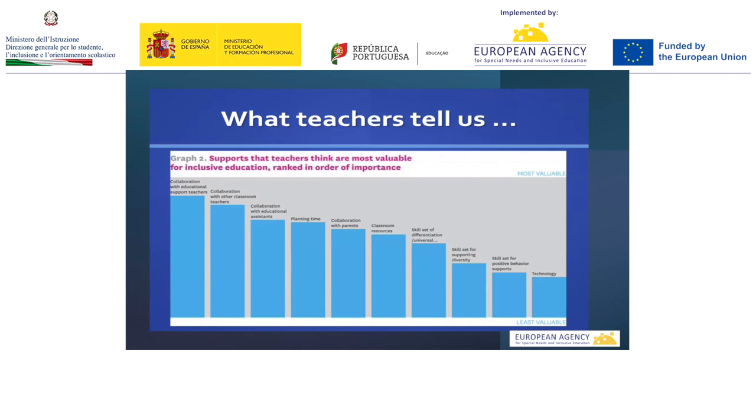Let's just review what those five things are. The first one, collaboration with education support teachers. That's what they were called, support teachers in this jurisdiction. So, number one, having an opportunity to speak with and collaborate with support teachers.